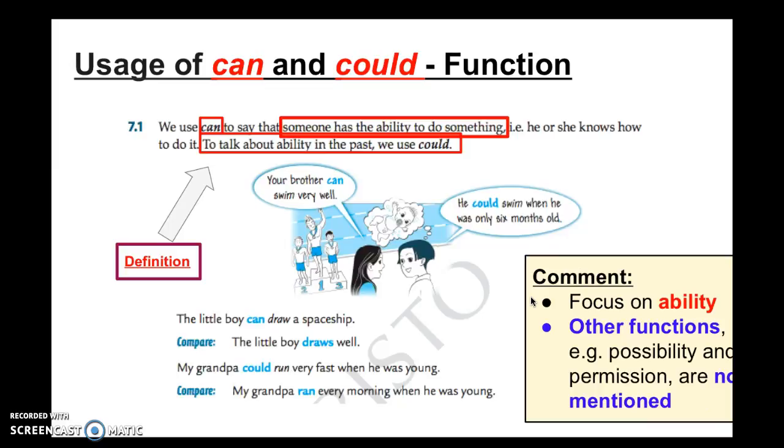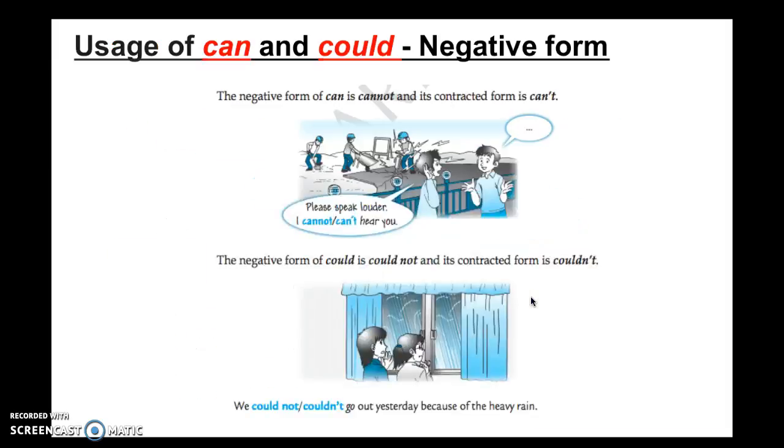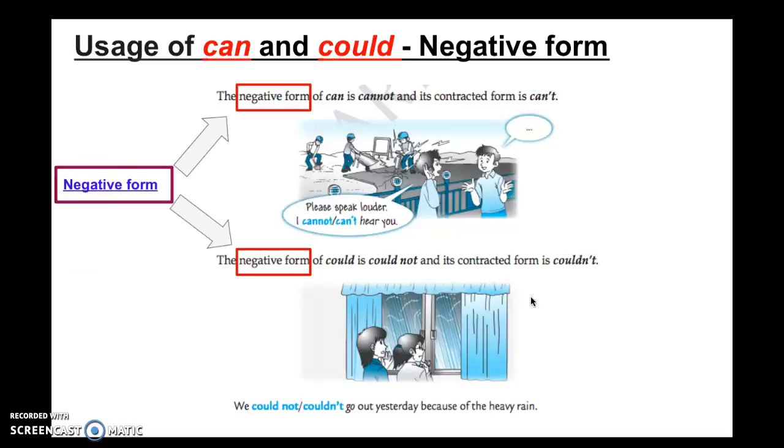We found that it only stresses the ability, and other functions of can or could, for example, possibility or permission, are actually not mentioned here. Other than the definition, it also talks about the negative forms of can and could, that is, cannot and could not.